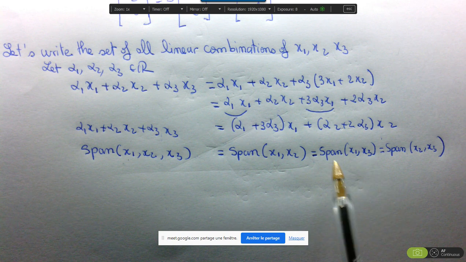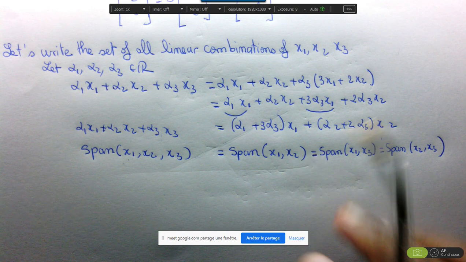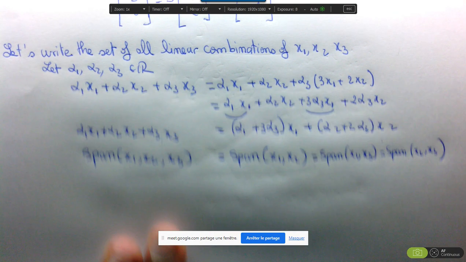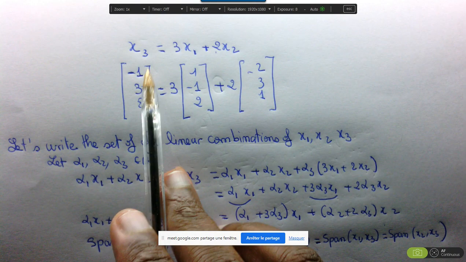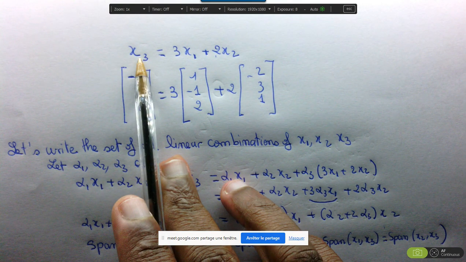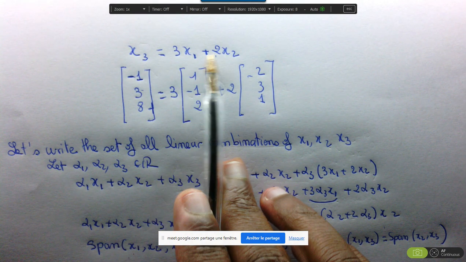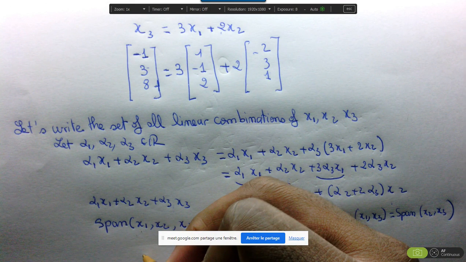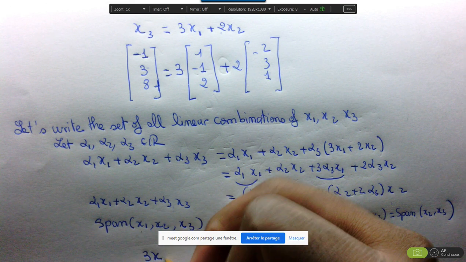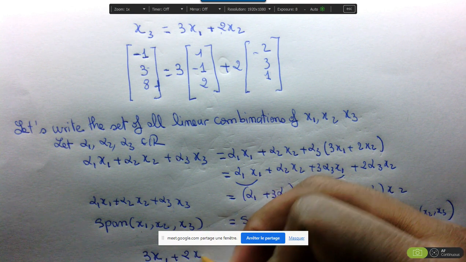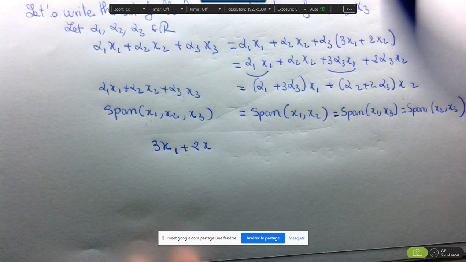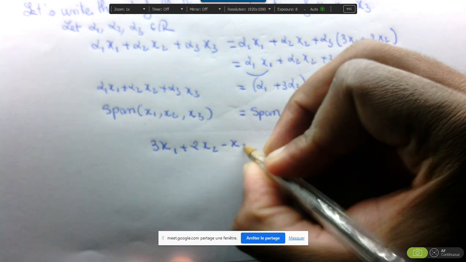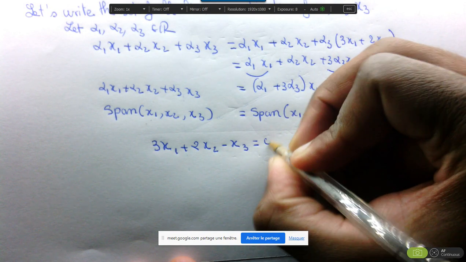So now that leads us to the definition of linear dependency. As we can see, if I have x1, x2, and x3, I can write 3x1 plus 2x2 minus x3 equals the 0 vector.